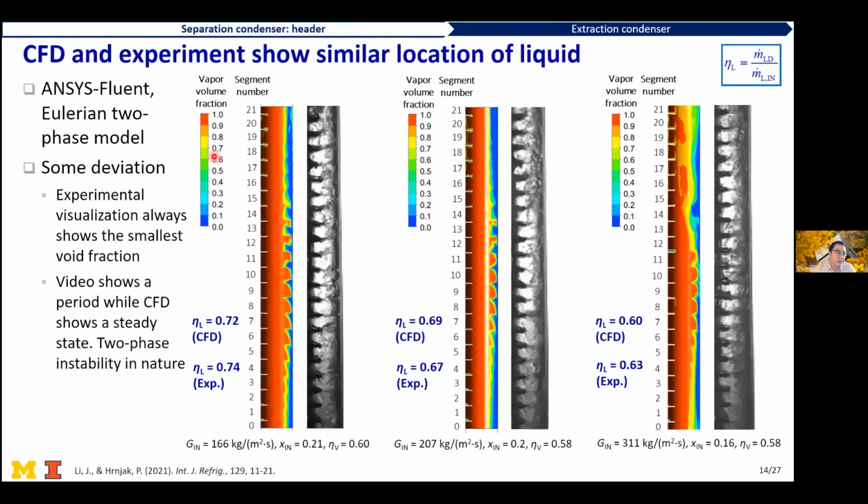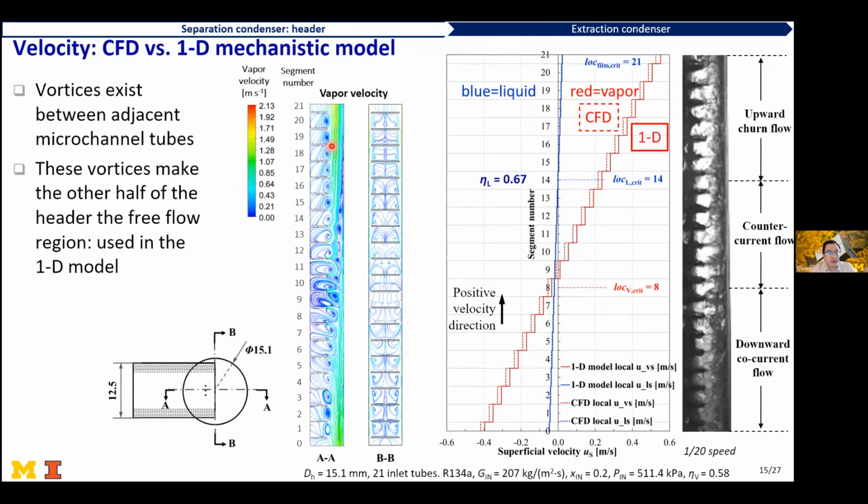I used the commercial software ANSYS Fluent and used the Euler two-phase model to conduct the simulation. And here we can see that there's a similar location for liquid on the tube wall compared to my flow visualization. I'll skip the details due to time constraints.